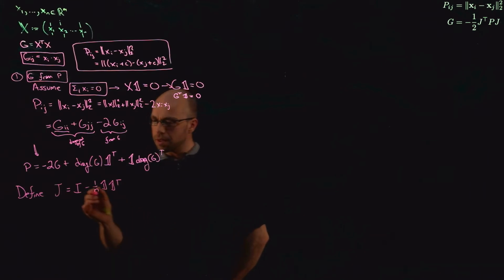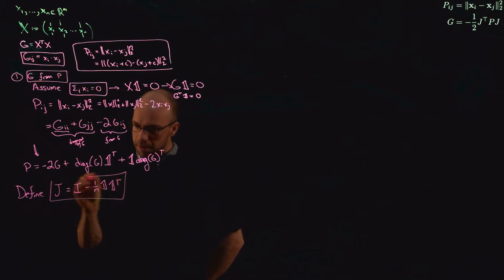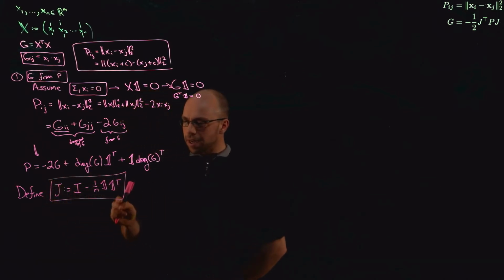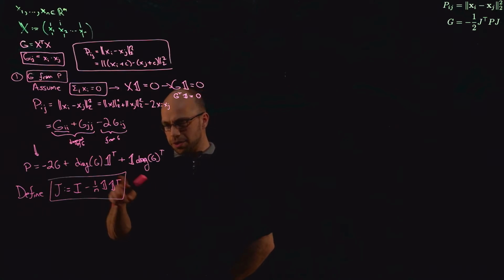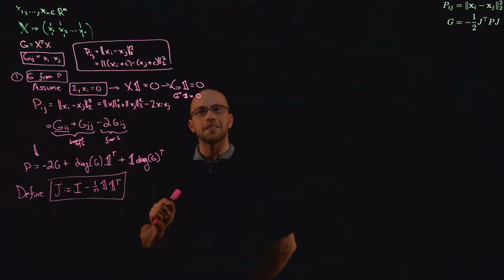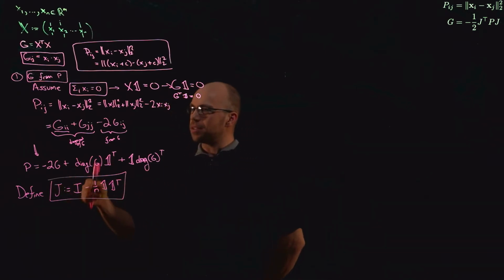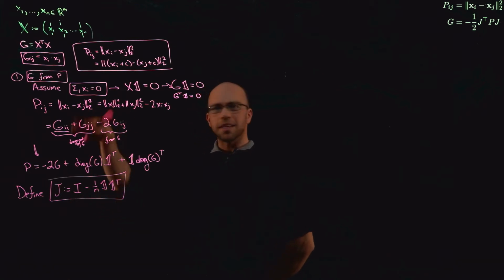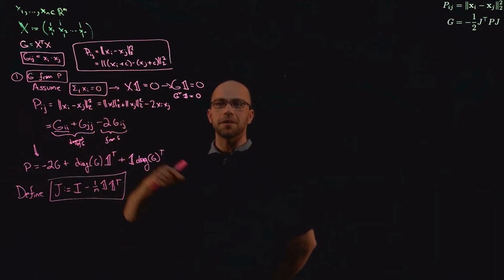Okay, so let's make sure that we know what this thing is. So J here, the identity matrix leaves something alone. 1, 1 transpose projects onto the constant vector. So this is kind of like projecting onto the orthogonal space to the constant vector. And the reason that we are going to like working with J is that everything should be kind of orthogonal to the constant vector because we've assumed that our points sum up to 0.